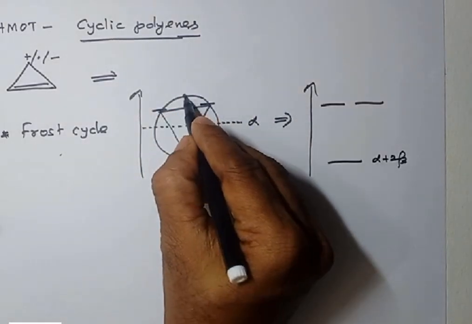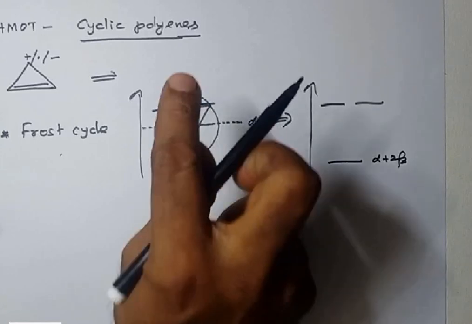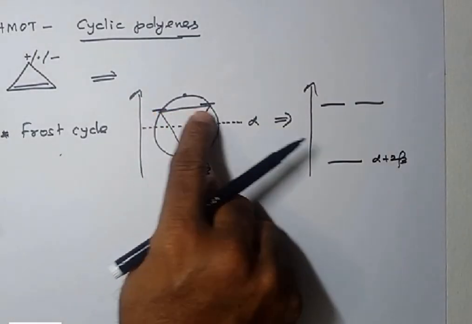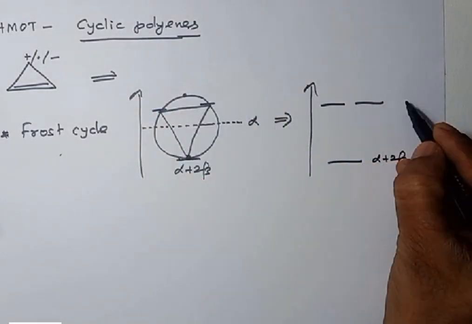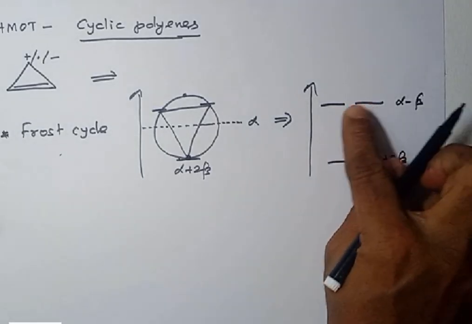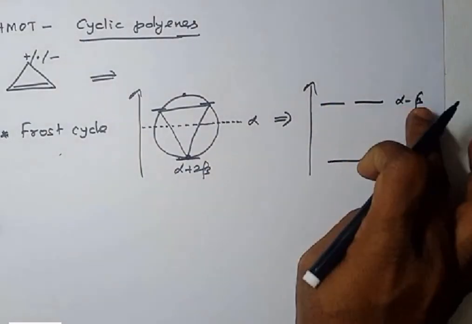If I had a molecular orbital exactly opposite to this, its energy would be alpha minus 2 beta. But there is no such molecular orbital. I have molecular orbitals below this, and their energies are alpha minus beta. This is alpha minus beta, and this is also alpha minus beta because they are degenerate, so they have the same energy.